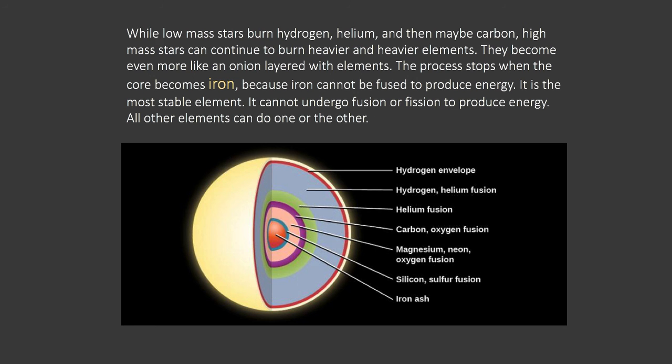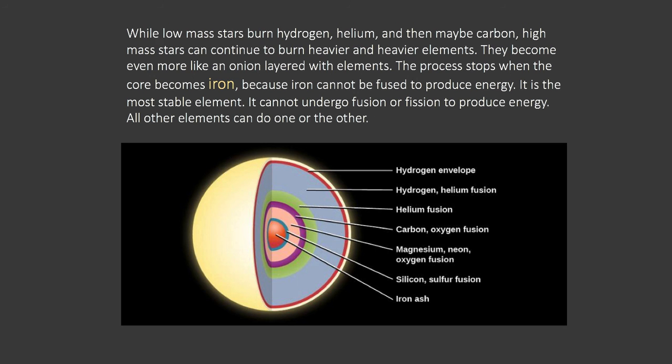For heavier stars, for higher mass stars, they can, not surprisingly, burn heavier fuel. So when the sun gets to a carbon core, it doesn't have enough internal pressure to burn carbon. So it gets sort of stuck there. We'll talk about what happens with the sun when it's stuck there later. But for now, it gets stuck there.